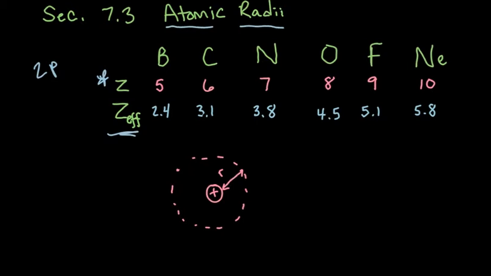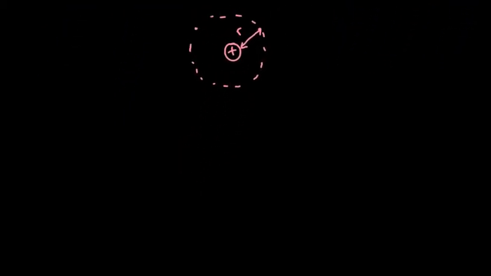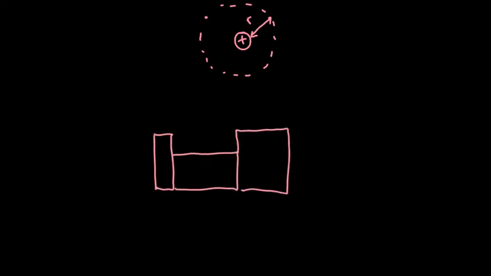Let's move this up. Alright, so we can draw just a rough sketch here of the periodic table. And the way this trend is going to work is that as we go down the periodic table, and this should come with some kind of intuition for you guys, our atomic radius is going to increase.